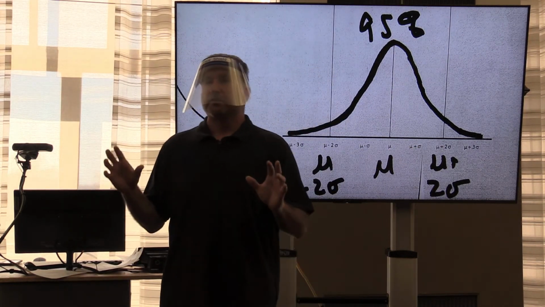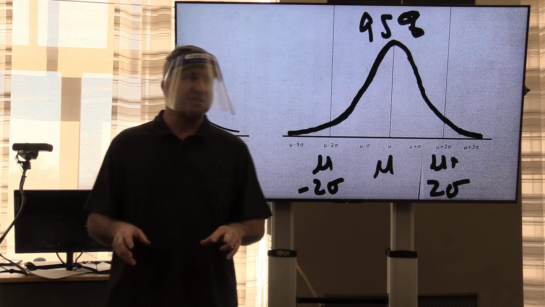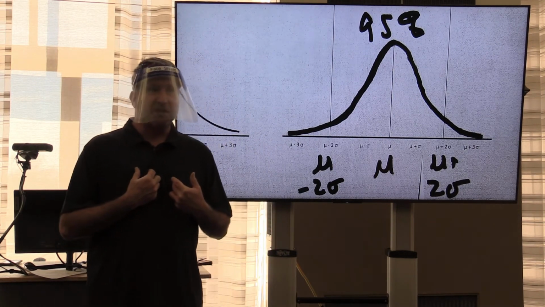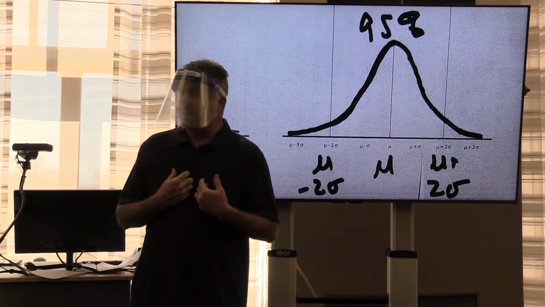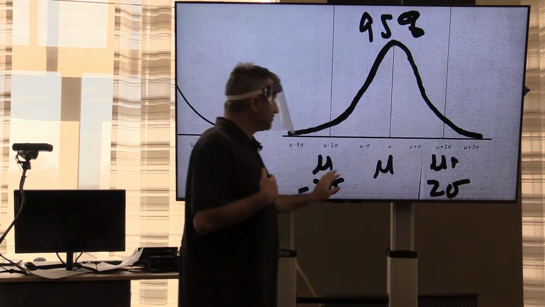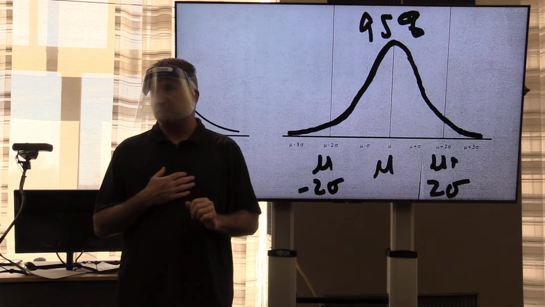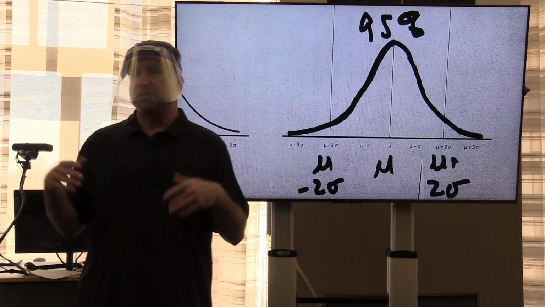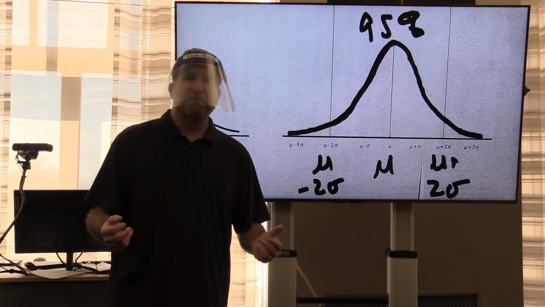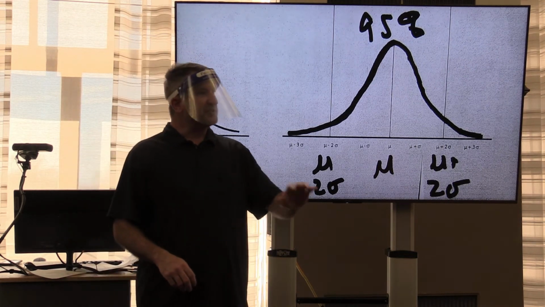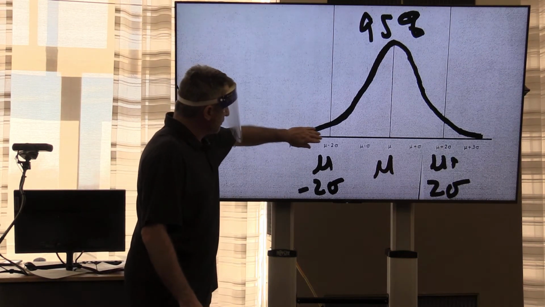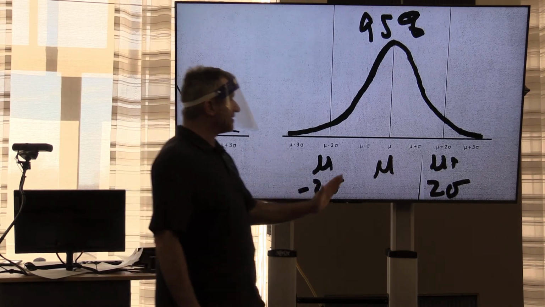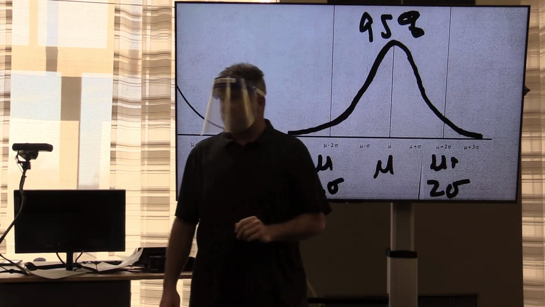So 95% of the time our needs for chicle base over a 5-day period are going to be within 2 standard deviations of the mean. What that also means is that 5% of the time it's either going to be lower than 2 standard deviations below the mean or higher than 2 standard deviations above the mean.